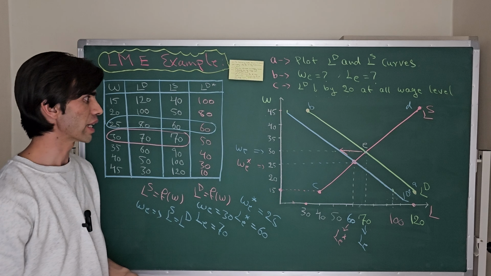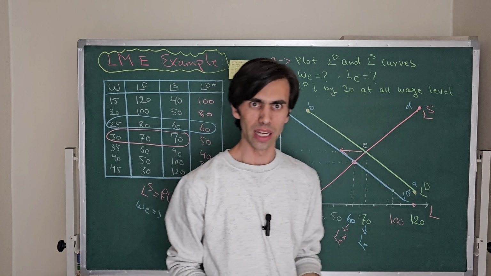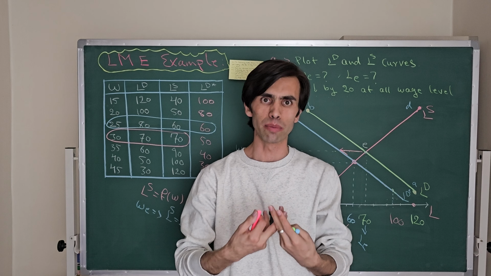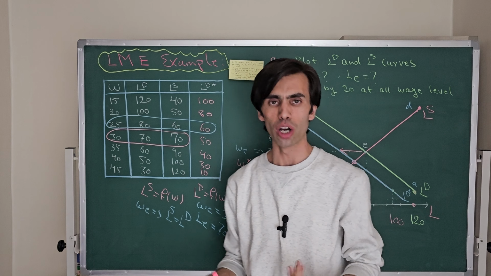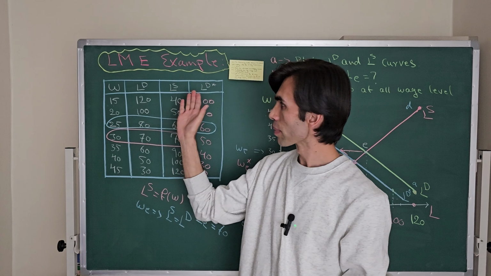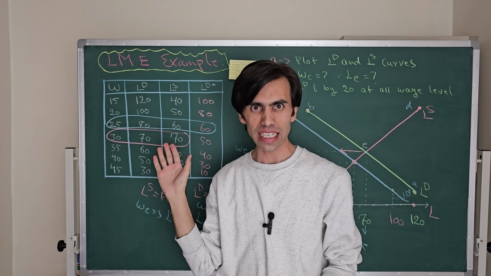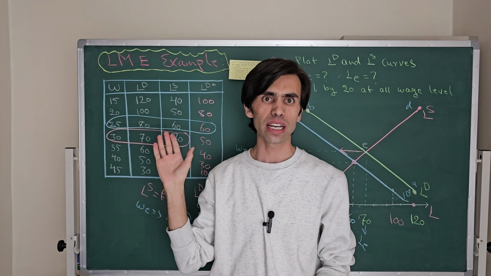So this is the numerical and also graphical example about labor market equilibrium that matches labor supply and labor demand, and we found the equilibrium wage level and quantity. I hope by watching this video, you can clearly see how to solve a numerical and graphical example of labor market equilibrium.